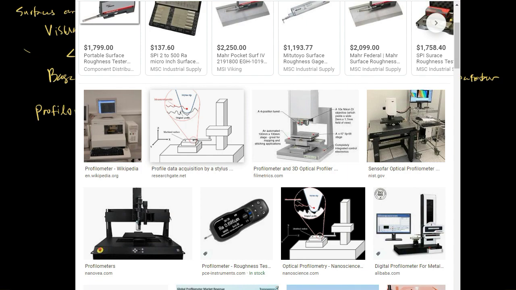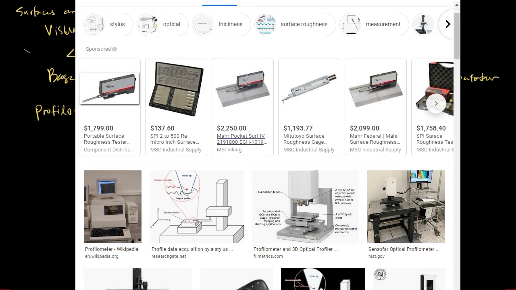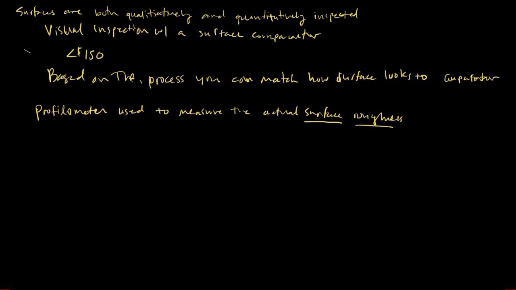If the tip is really small and the forces that cause it to go up and down are pretty small, the profilometer will measure the roughness of the surface. The measured roughness is filtered somewhat by how big the diameter of the tip is. So these are profilometers you can buy if you need actual metrology data associated with a part you're making.